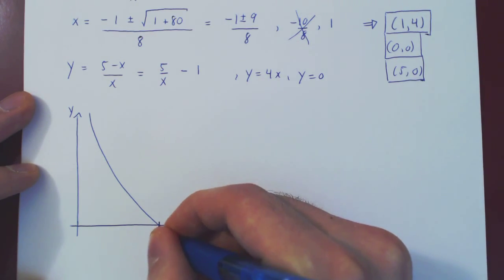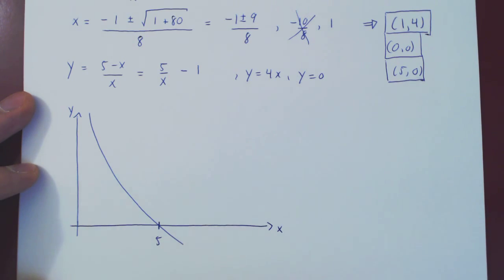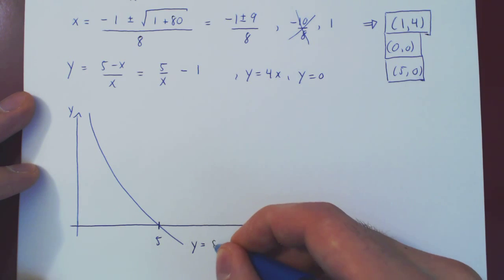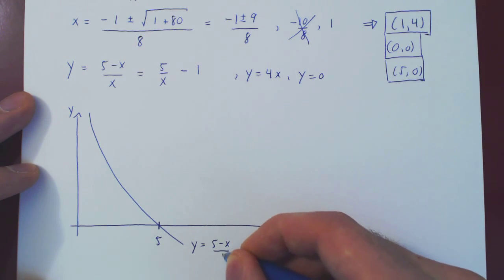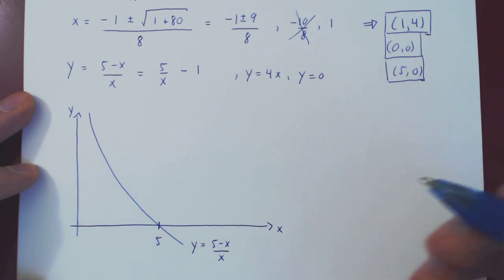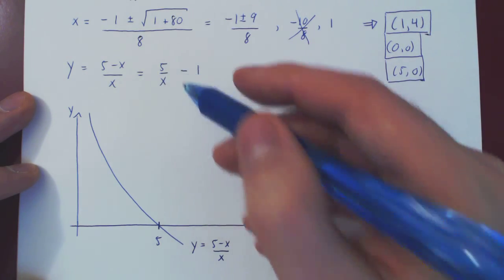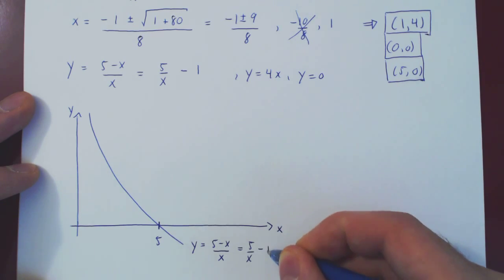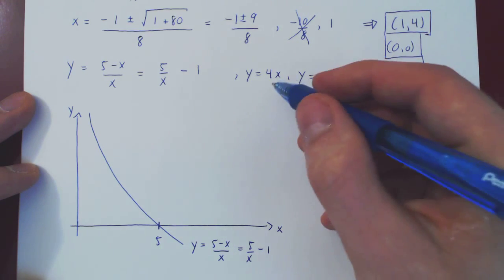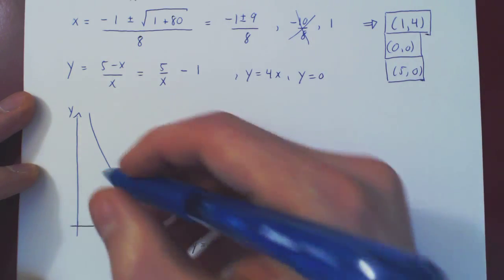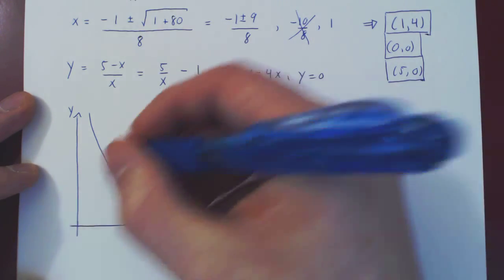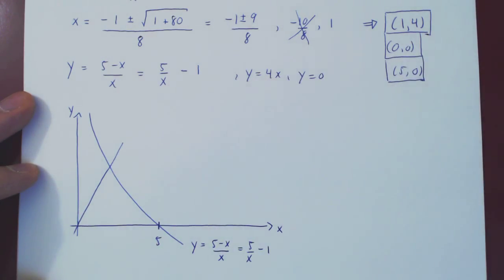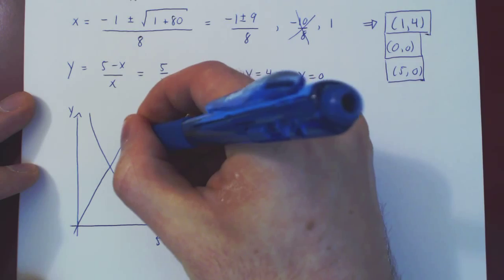And this is the point x equals 5, and this is our function y equals (5 minus x) over x, or again if you prefer 5 over x minus 1, same thing. And now the other curve is very trivial, y equals 4x, so it goes through the origin, so there you have it, y equals 4x.